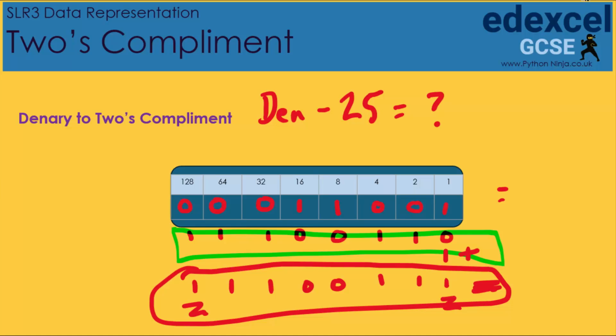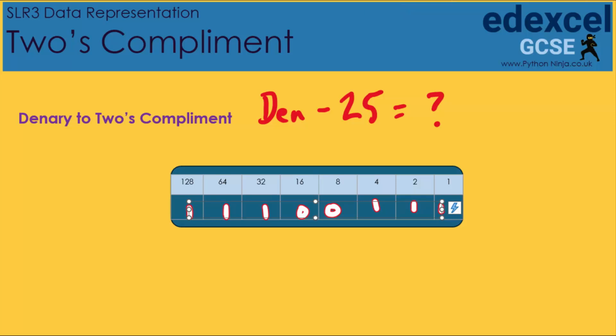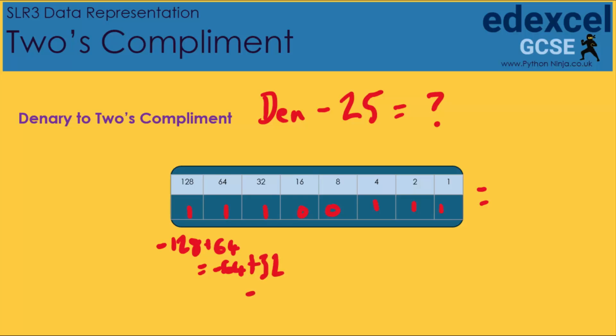But if we want, we can now reverse engineer it just to check that we've got the right answer. So I've dragged it into the box. So let's double check this is actually equivalent to denary minus 25. So the most significant bit is minus 128, plus 64 is minus 64, plus 32 is minus 32.